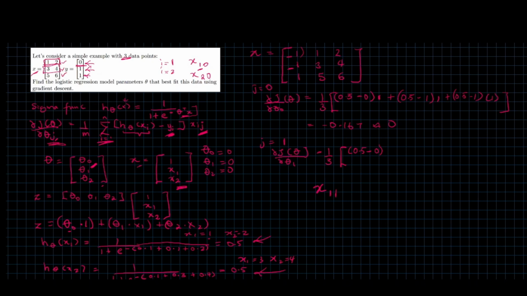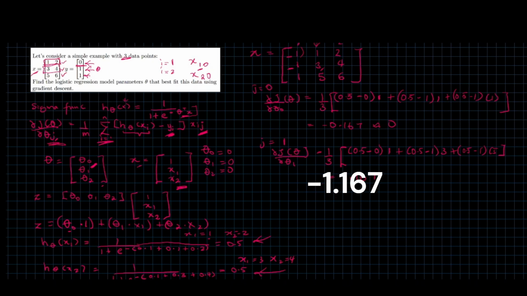So row 1, column 1. That is what we'll take as this. So in this case, it should be times 1 plus 0.5 minus 1, it's still the same distance going on here, times 3 in this case, plus 0.5 minus 1 times 5 in this case. If you solve this, you're going to get 1.167.